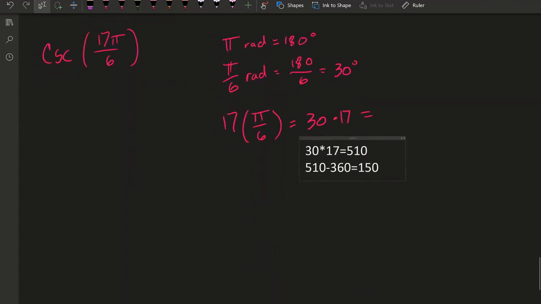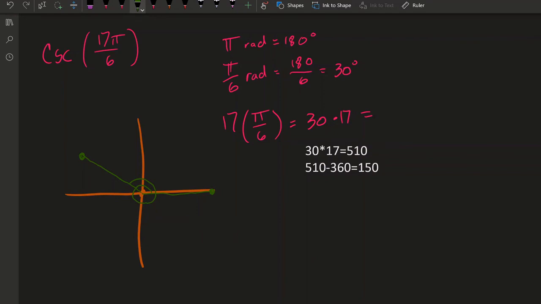That's a little bit easier to manage than 17 pi over 6. So let's go ahead and draw that. Here's 0, and then here's my initial side. And then I'm going to go all the way around once, that's my 360, and then I'm going to go another 150 degrees, which would be right there.